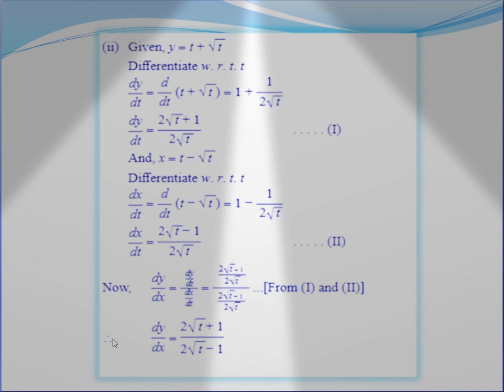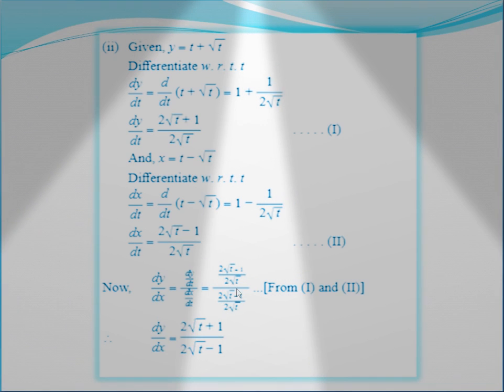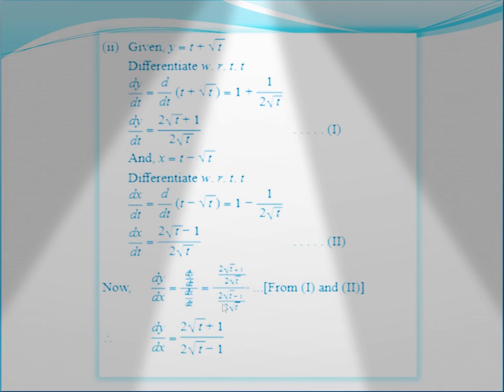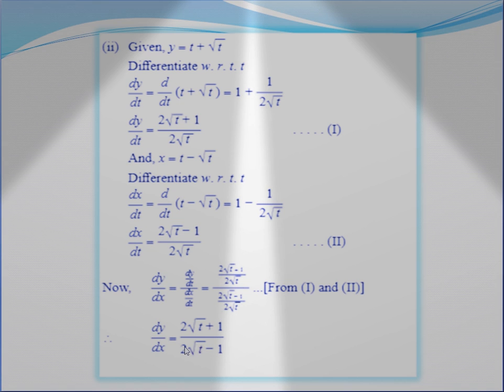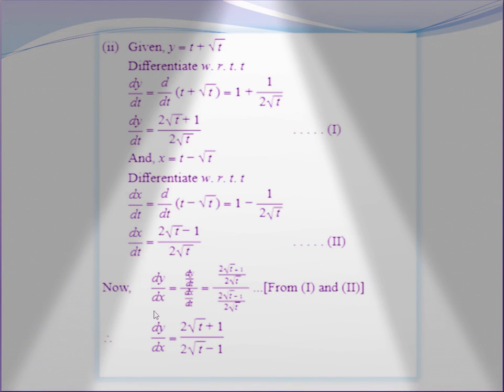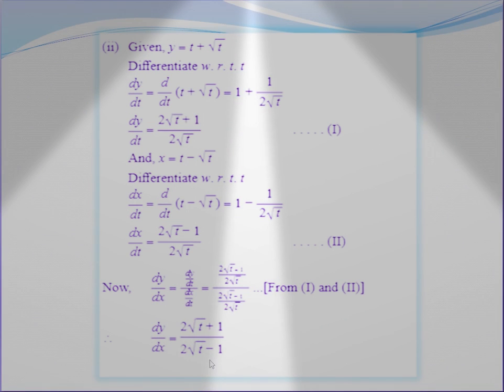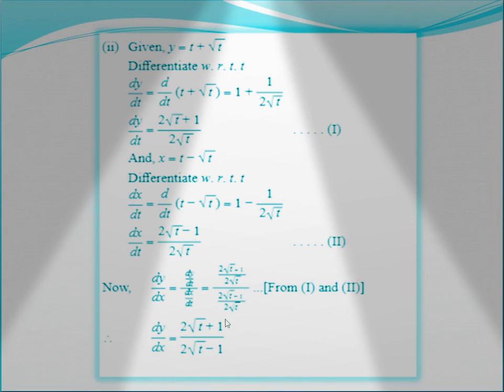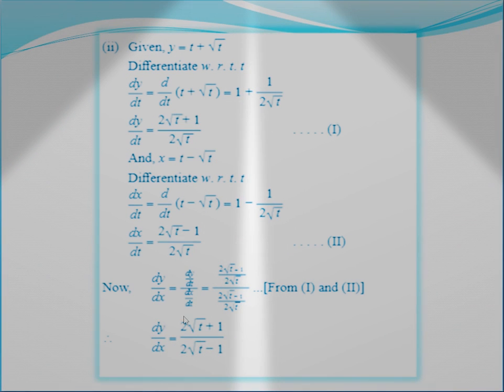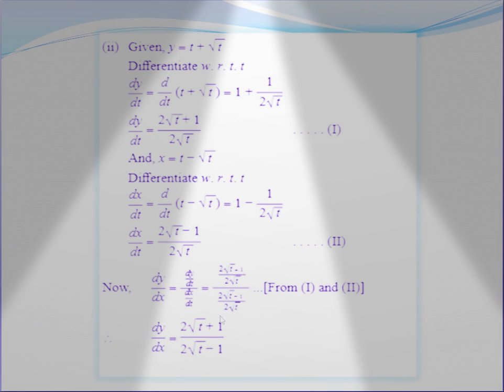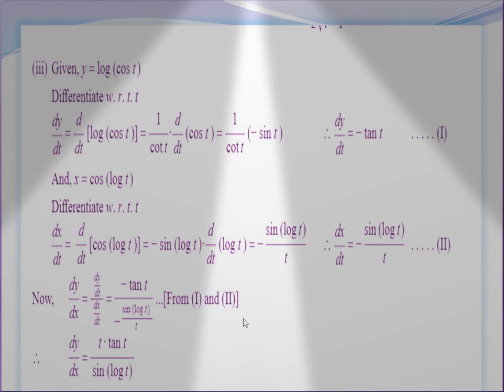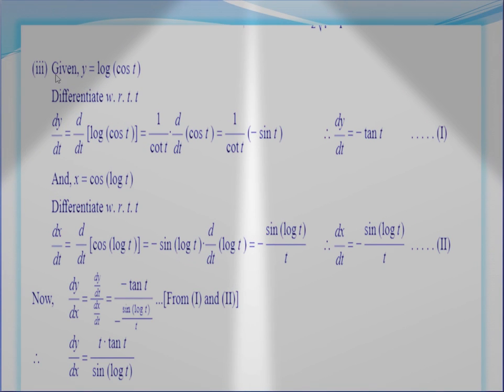Now taking the reciprocal of the denominator term, 2 into root t cancels out. Now what remains is dy upon dx is equal to 2 into root t plus 1 upon 2 into root t minus 1. This is the answer for example number second. Now the answer for example third.